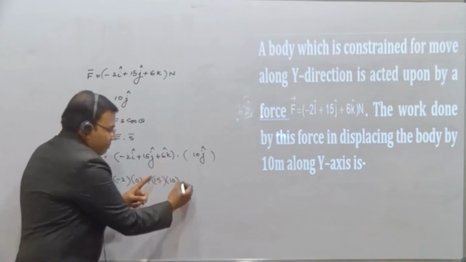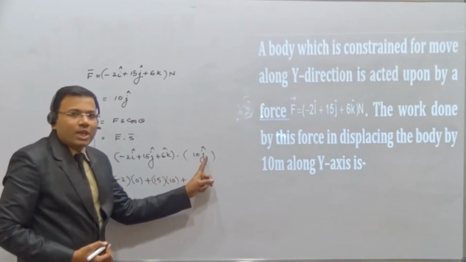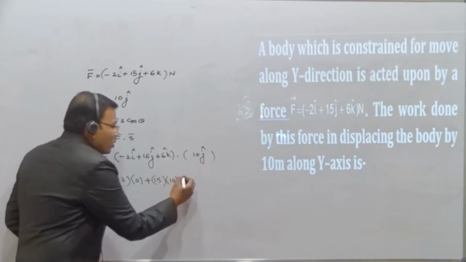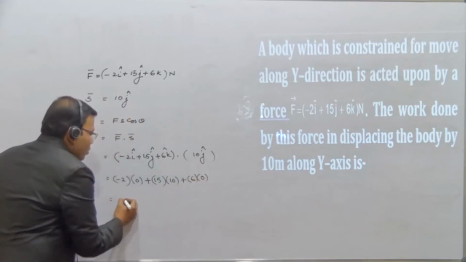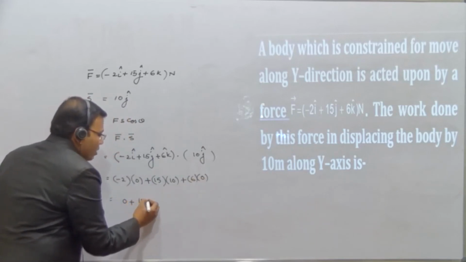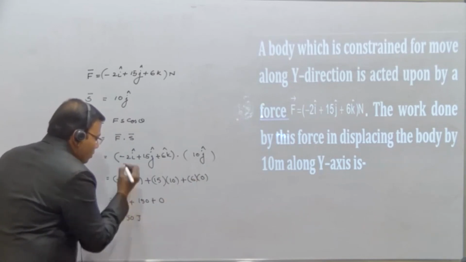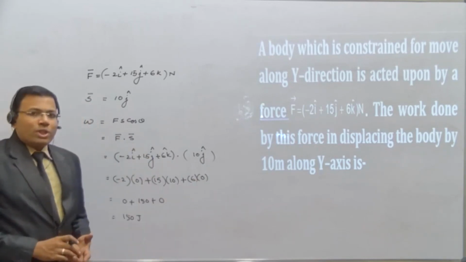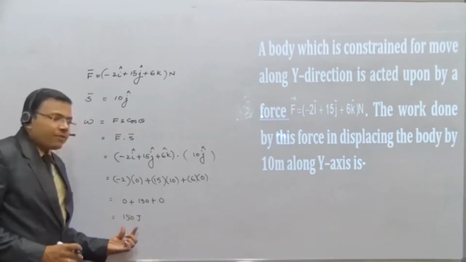And plus the coefficient of k here is 6, but we don't have any k, so it is 6 into 0. Now this is 0 plus 150 plus 0. So the answer is 150 joule. This is the answer for this particular problem.